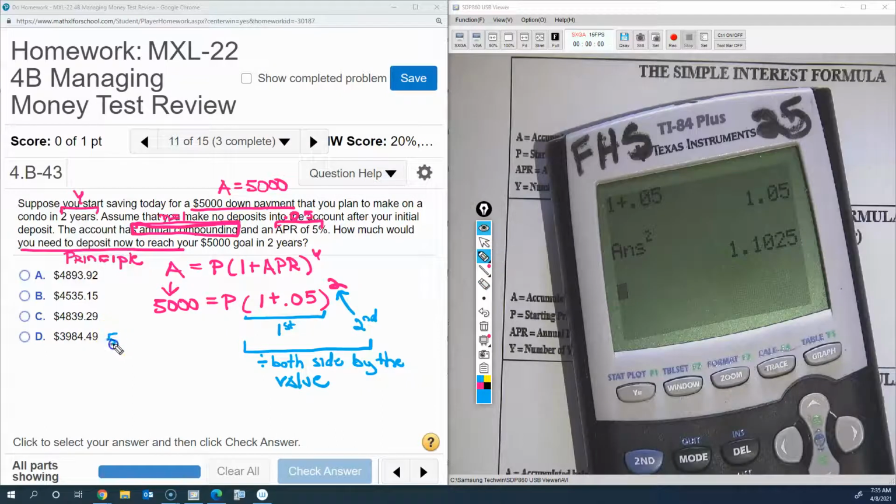Okay, so now I got 5,000 equals P times, now a lot of times this is a much longer decimal. It's not too bad. Now I'm gonna take both sides and divide it by that amount to get P all alone.